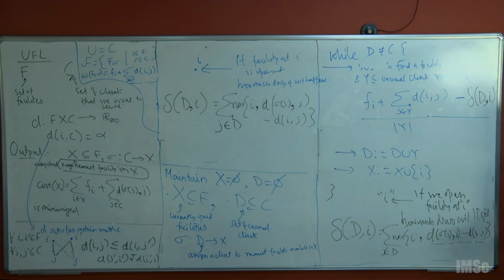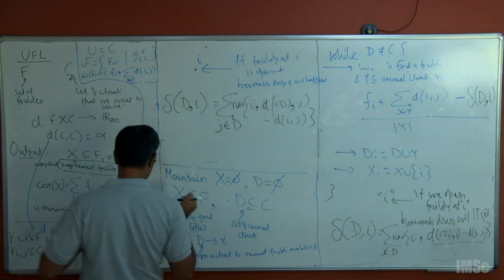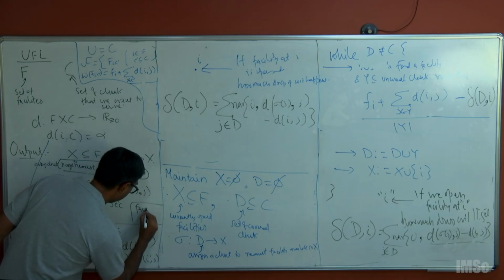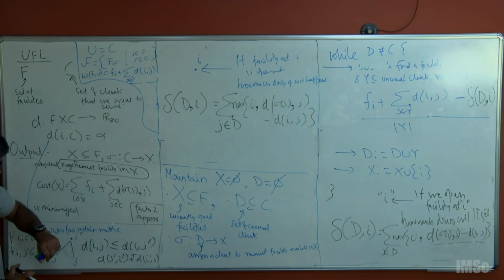Divided by y, because it is paid only on these y elements. And that is very important. So this is my greedy heuristic, and we'll analyze this tomorrow morning at 11:30 and show that this is a factor 2 approximation. Okay, so that's the whole idea. I'm done for the day.